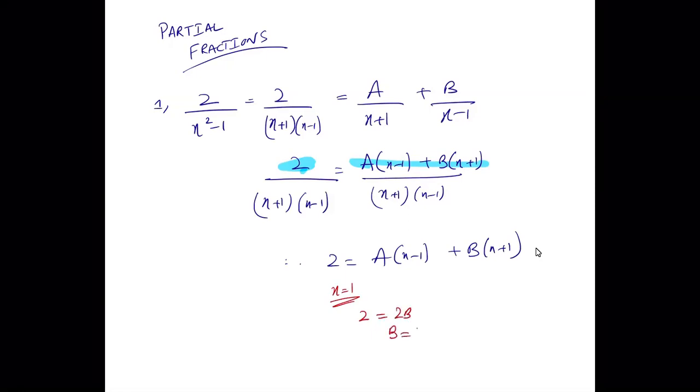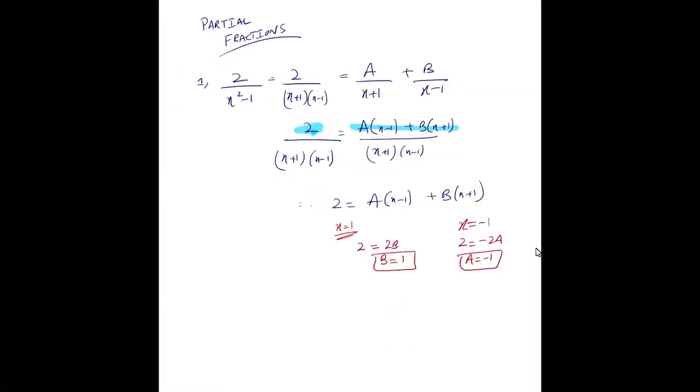So b comes out to be 1. If you would have taken x as minus 1, then b would have been eliminated and this would be minus 2a. So a comes out to be minus 1. So at the end, you would say that the partial fraction is minus 1 upon x plus 1 plus 1 upon x minus 1, right?